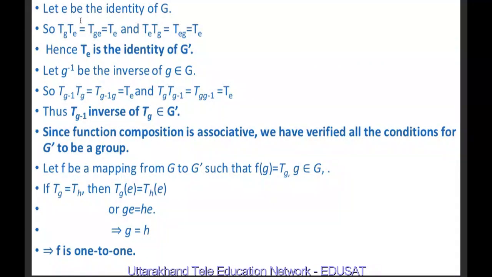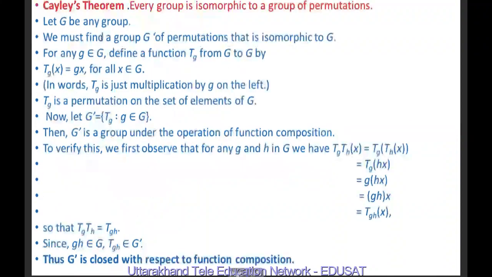Now let e be the identity element of G. So Tg into Te is equal to Tge by the closure property. We have proved that Tg into Th is Tgh.